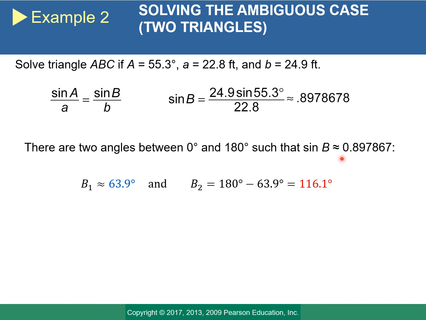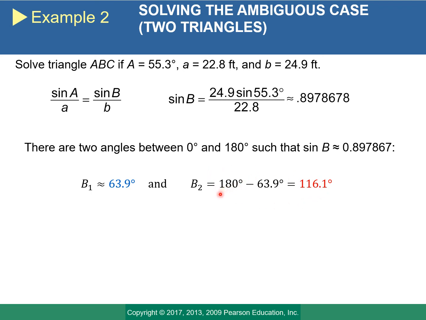So the first angle, when you find angle B here, you always just take the inverse. So sine of B is 0.897, so you can use sine inverse on your calculator, and you'll get that B is about 63.9. Your second angle, for the second possible triangle, you have to do the supplementary angle.